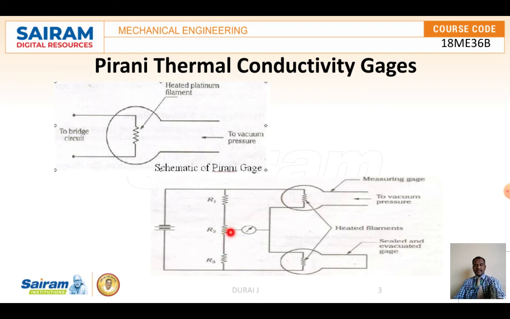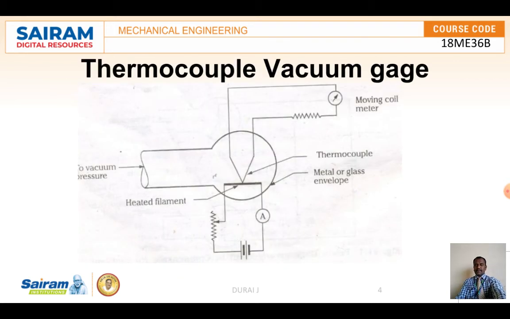The resistance value at R3 is increased, and with the help of that we measure the pressure value inside the system. This is how we measure with the Pirani thermal conductivity gauge.